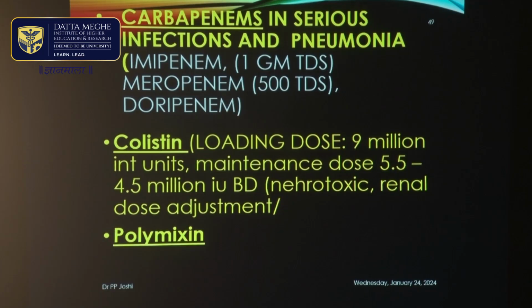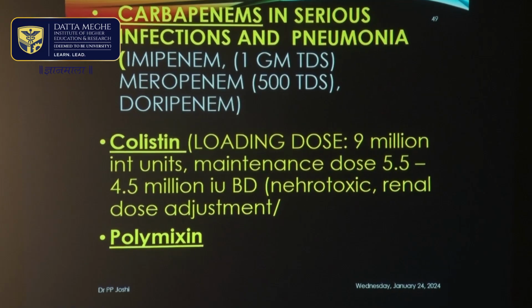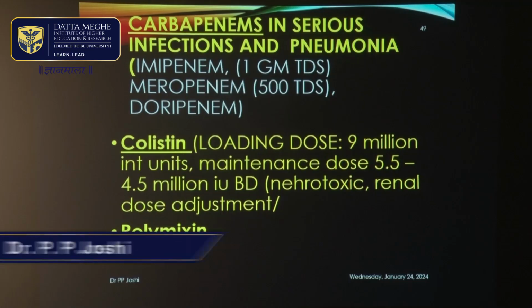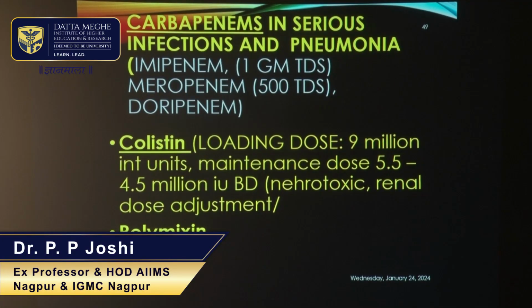But you should remember that colistin is nephrotoxic, and if there is renal damage, which is possible in patients who have septicemia with multi-organ dysfunction, the doses of colistin should be adjusted according to the creatinine levels. Polymyxin is another antibiotic of a similar group, but is less nephrotoxic. So if nephrotoxicity is present, we may have to start with polymyxin.